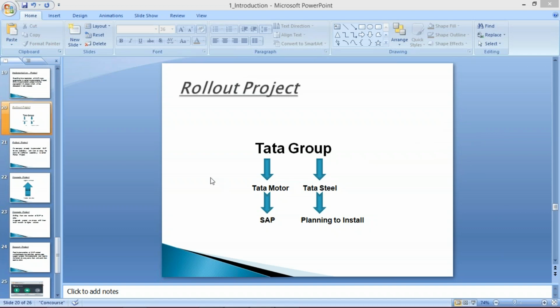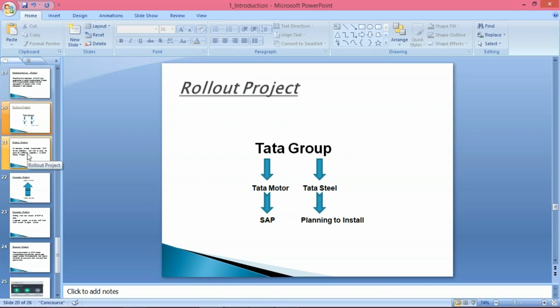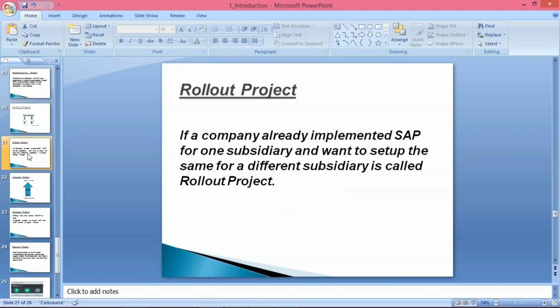Now here I'll give you the simplest definition. What is called a rollout project?